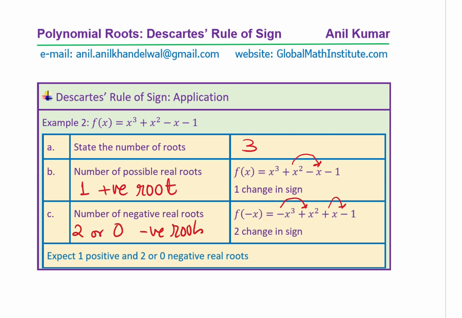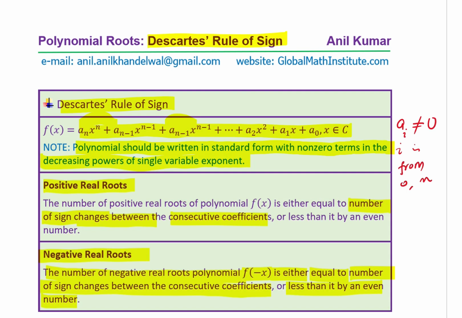Is that clear to you? So I hope now you have understood the definition. So let's go back to the definition, which says, how do we find the positive real roots? The number of positive real roots of a polynomial f of x is either equal to the number of sign changes between the consecutive coefficients or less than it by an even number. Do you see that?